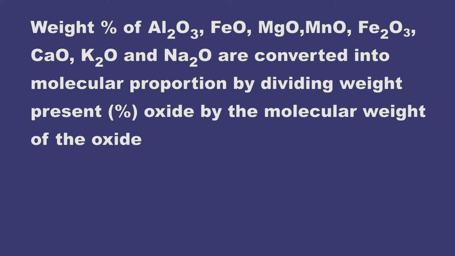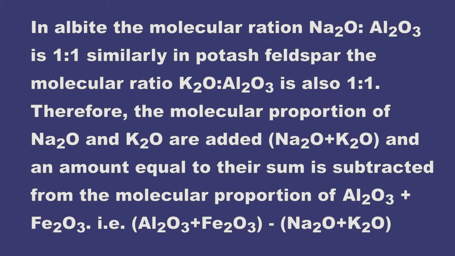Method of calculation: first, weight percentages of Al2O3, FeO, MgO, MnO, Fe2O3, CaO, K2O and Na2O are converted into molecular proportions by dividing weight percent of the oxide by the molecular weight of the oxide. Second, in albite, the molecular ratio Na2O to Al2O3 is 1:1.